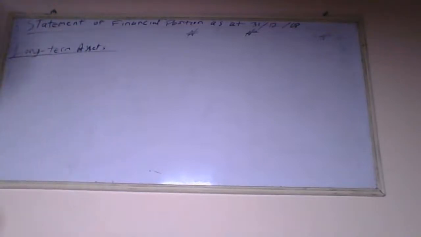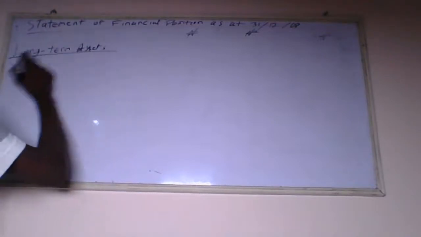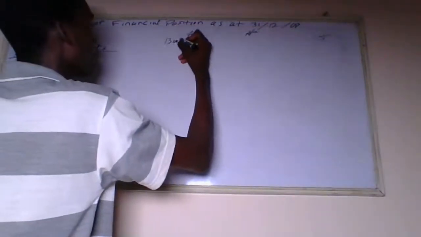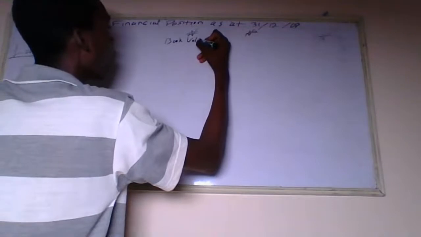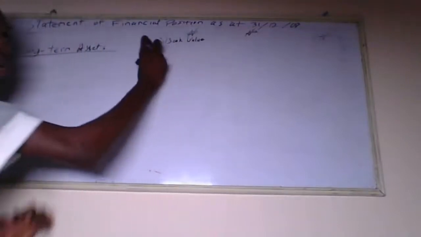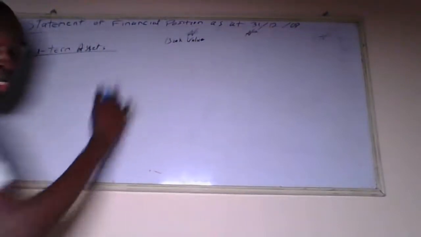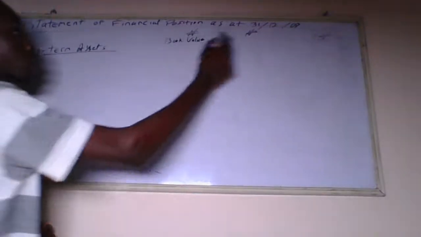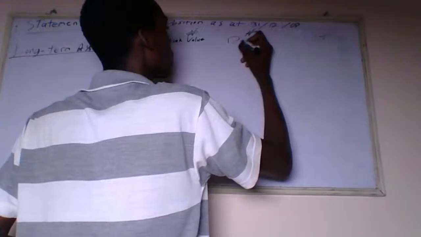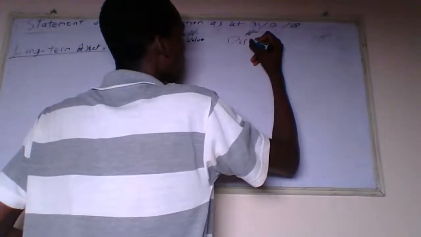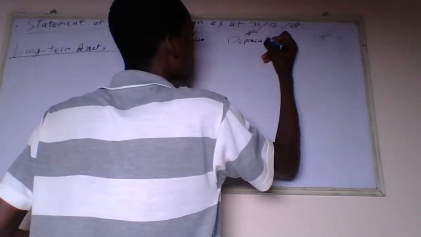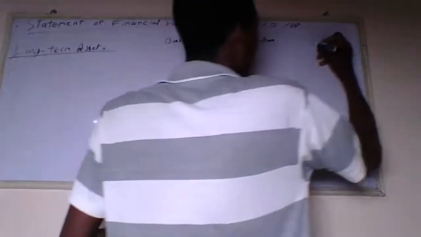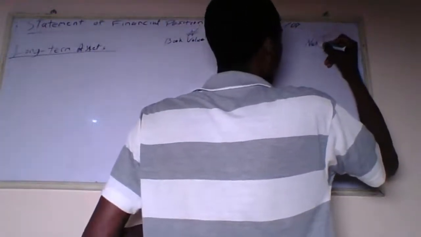So we go back to the question we have. Okay, let's call this book value. This book value represents the value given to us in the books of the company. So whatever is in the question, that's your book value. Let's call this depreciation. And we can call this one net.